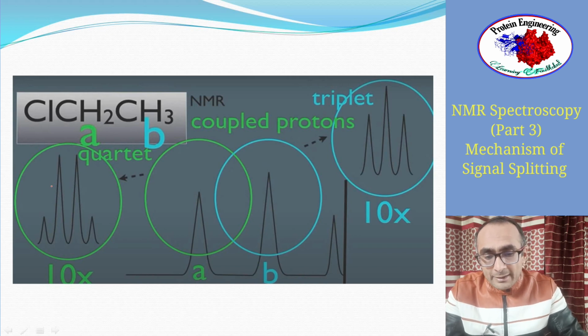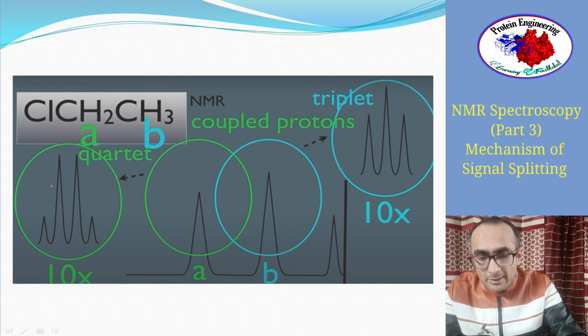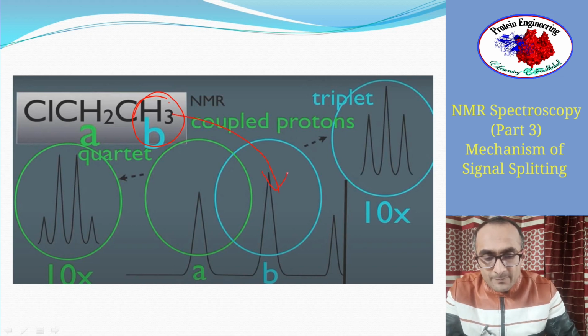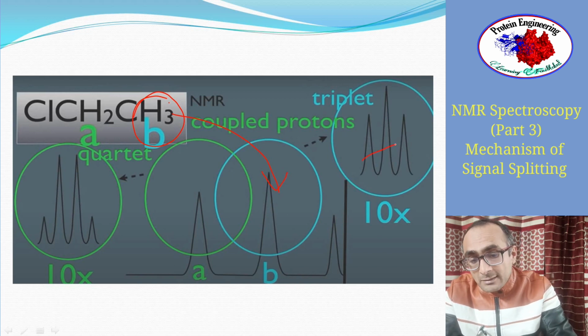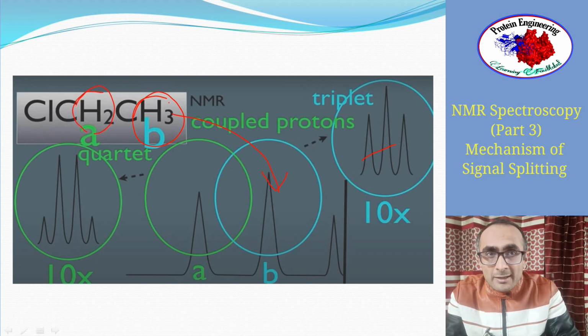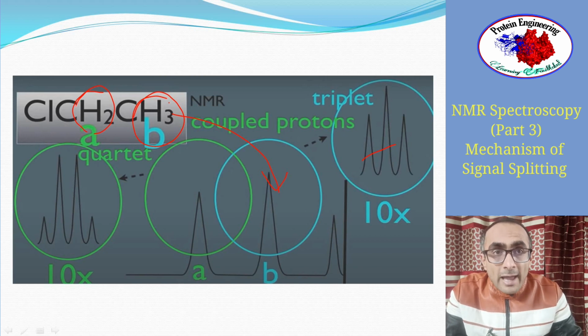For example, here there are three methyl protons giving this B type of peak, and it is split into three because in the neighborhood of these three protons, you have two methylene protons. These two methylene protons split the peak of the methyl protons and vice versa. This splitting is defined by a rule called the N+1 rule, where N is the number of protons.